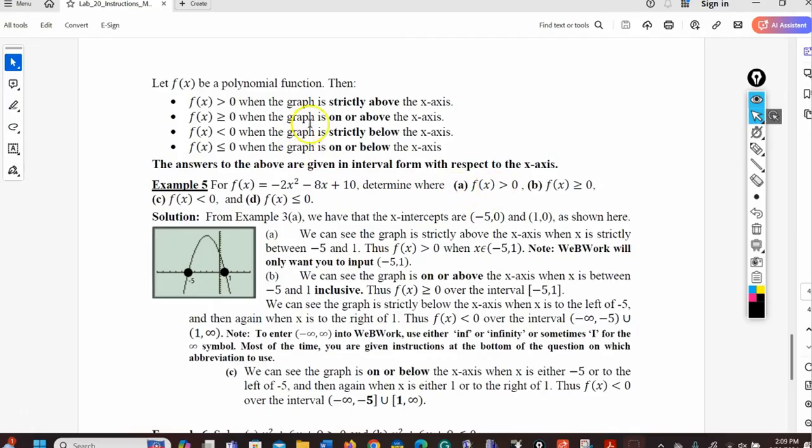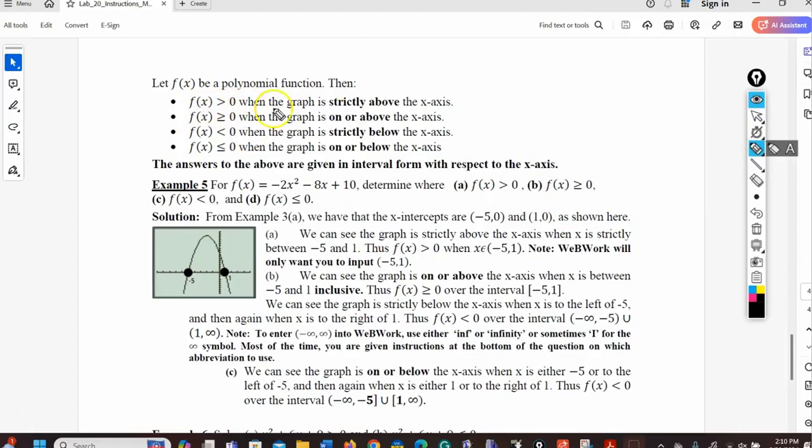So we have inequalities. We don't have an equal sign. So instead of where is the function equal to 0, when we're finding the zeros, what if we replace the equal sign with another symbol? What does that mean with respect to the graph? Well, the symbol means everything.